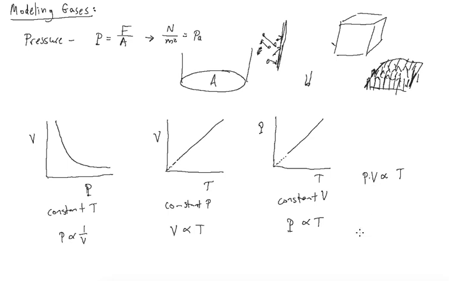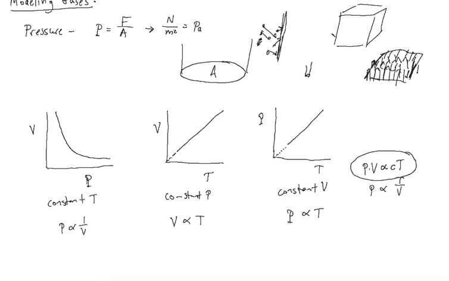So we can multiply them together, and if we divided this over, you could have P is proportional to T over V. That gives us that pressure and volume are inversely proportional, and this one little idea puts all three of these together: pressure times volume is proportional to temperature. It turns out all we really need to do is add some constant here, and then this works really well. So then what is this constant?